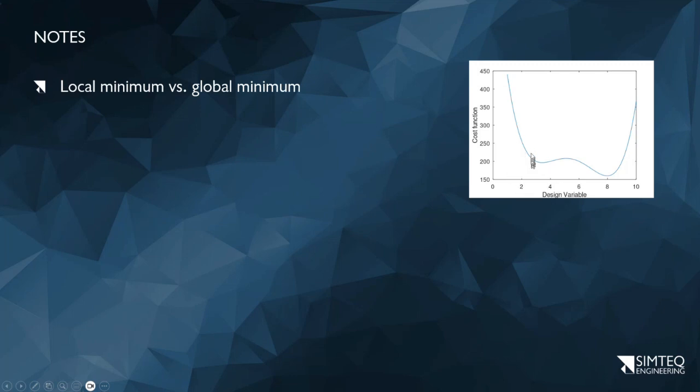As I change the design variable, it comes down, reaches some kind of a minimum, goes up, and then comes down, and we have another one. So if I plot this from minus infinity to plus infinity, and these are the only two minima, then this will be the global minimum and that the local. Since we don't often do that, we don't often know whether we've actually reached a global minimum or anything.